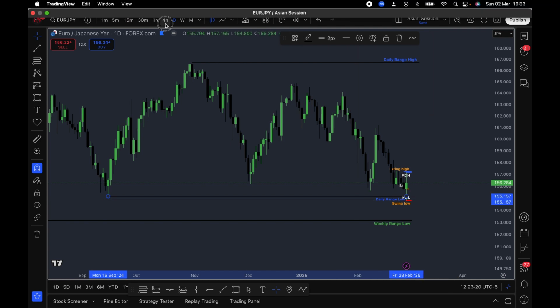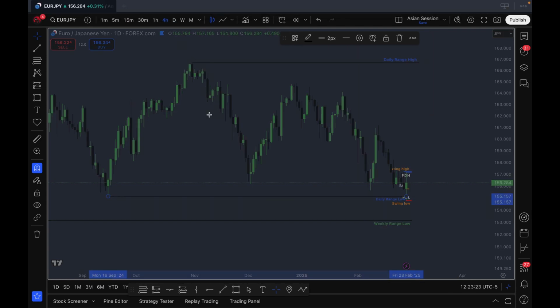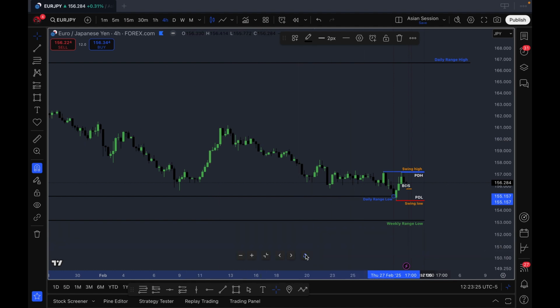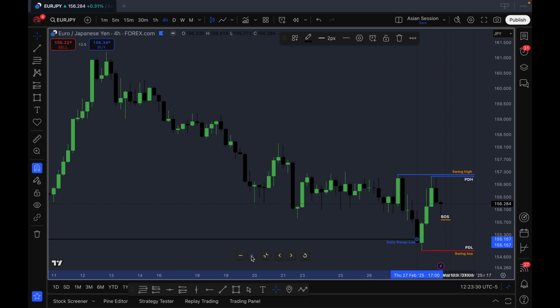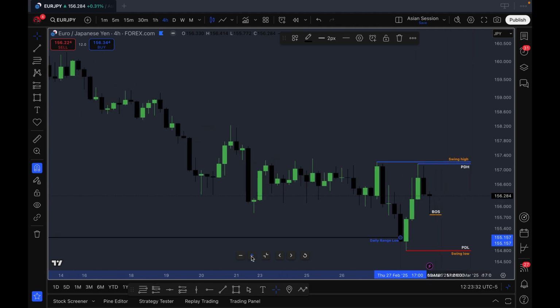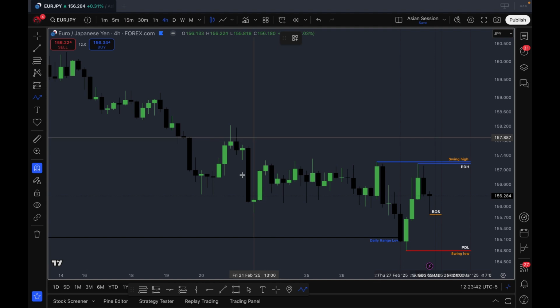So if you go down on a smaller time frame, the 4-hour time frame, euro yen looks really interesting because it's been consolidating for the past few days. Right here, it's been just consolidating in this area, and then it broke past that consolidation, also breaking past the daily range low.